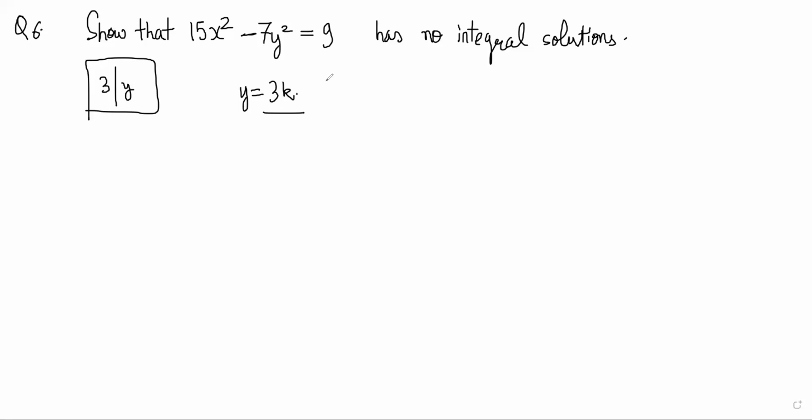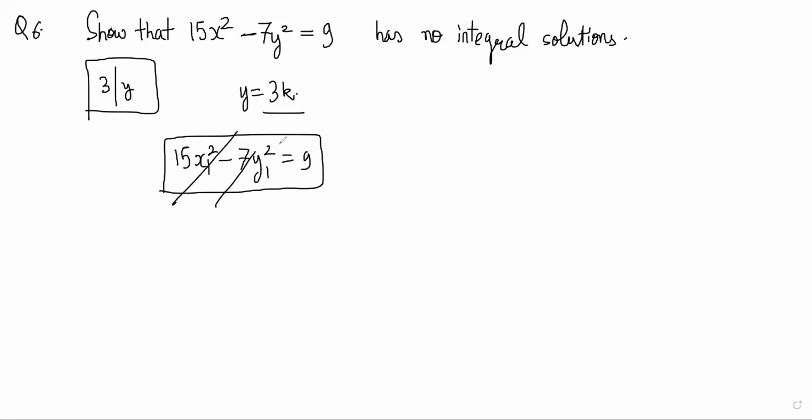If they are both odd, then 15x square minus 7y square is even, so cannot be 9. You should put x as 3x1 and y as 3y1. That will simplify the equation a little bit.